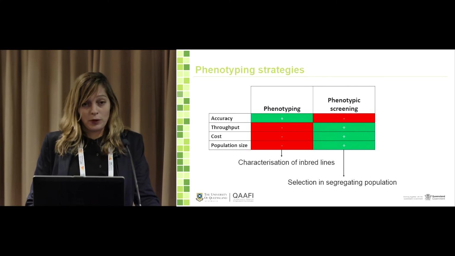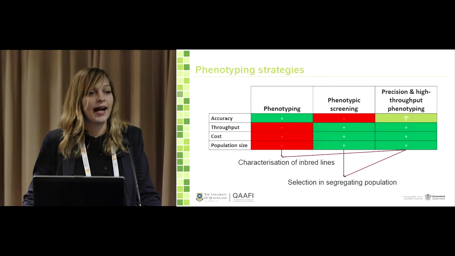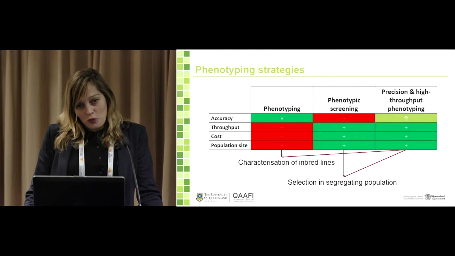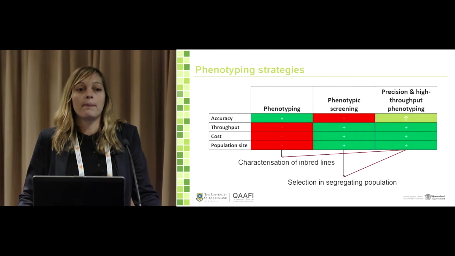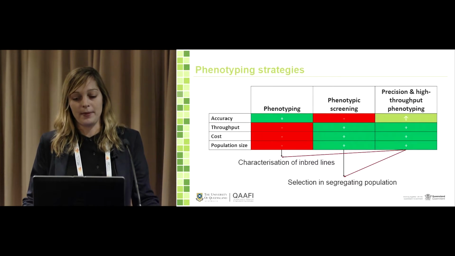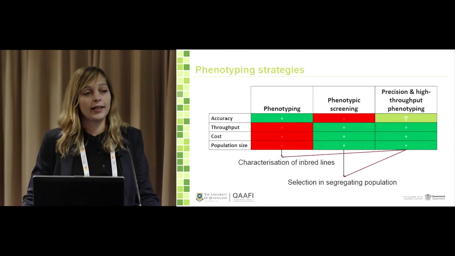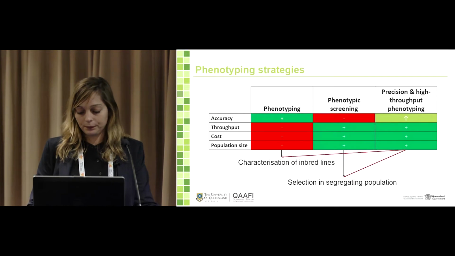Then, and this is what we're trying to do with the speed breeding system, precision and high throughput phenotyping methods. So we are trying to get as much accuracy as we can, but we still want the throughput, cheap, easy, rapid. So we can use the methods to both characterize inbred lines, but also for selection in breeding programs.